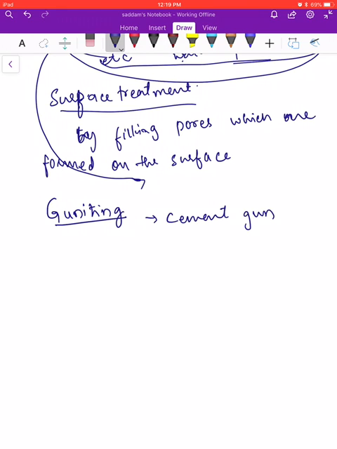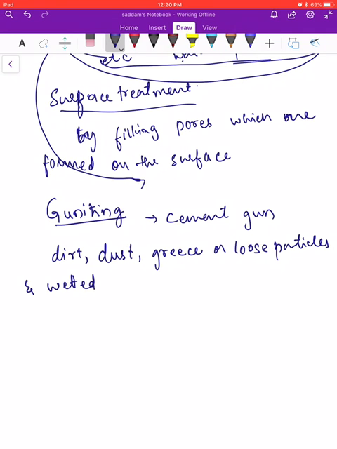For example, if there is a surface where we need to apply waterproofing by this gunniting method, we first have to thoroughly clean the surface of dirt, dust, grease or loose particles, and wet it properly. As we have discussed earlier, we have to wet the surface properly.